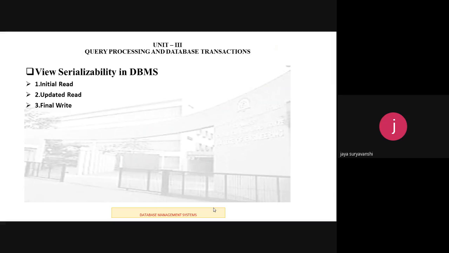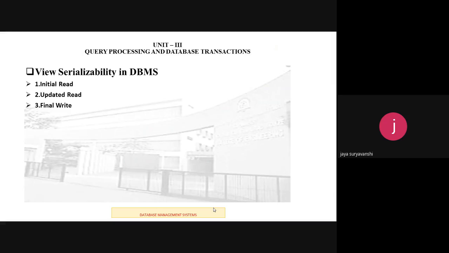Suppose two schedules S1 and S2 are there, and in S1 the transaction T1 is reading the data from A, then in S2 transaction T1 should also read A. The two schedules S1 and S2 are view equivalent because the initial read operation in S1 is done by T1, and in S2 it is also done by T1.